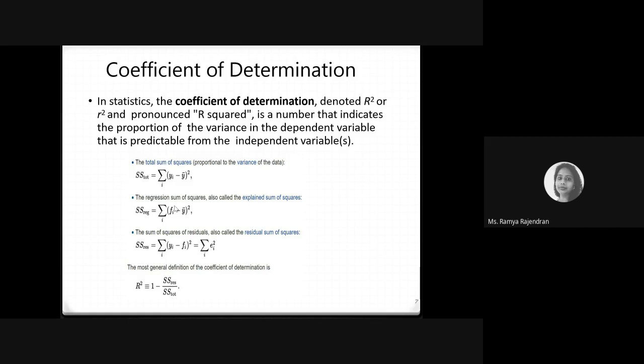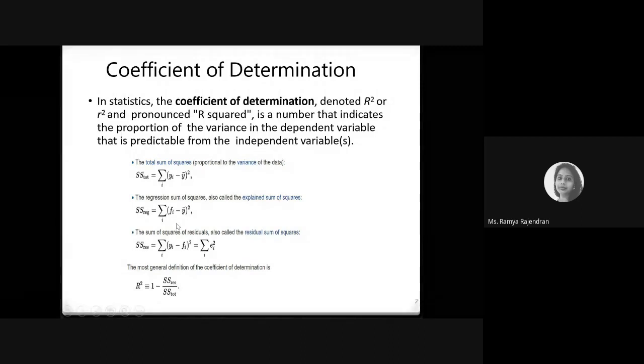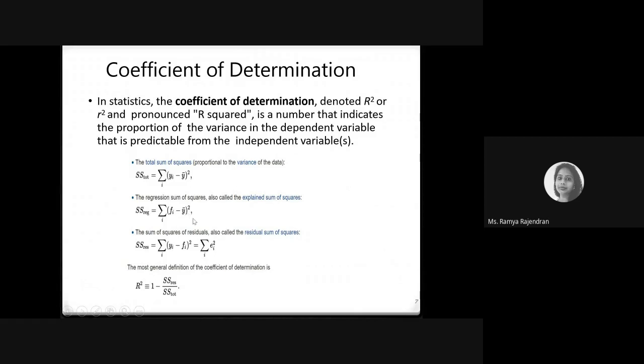This variance explains what variation is explained by the model. So the sum of squares of regression is the deviation of the predicted value from its mean, summed up. And the sum of residuals is nothing but your errors.